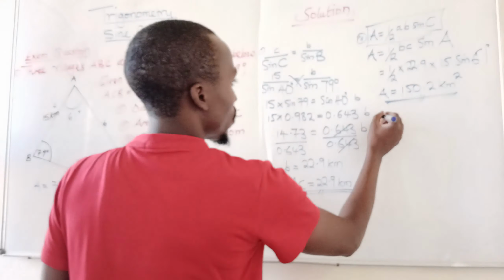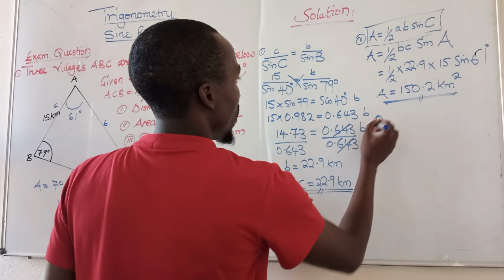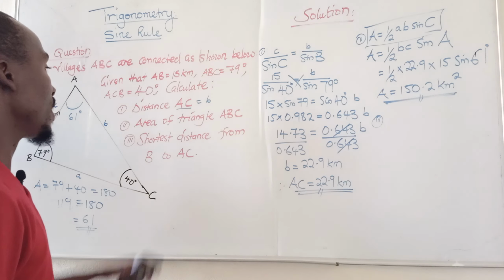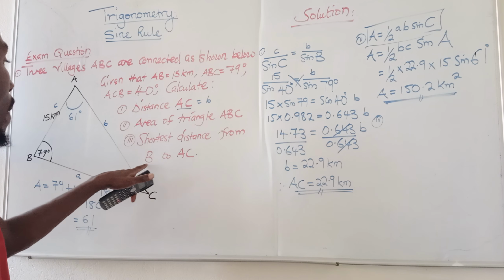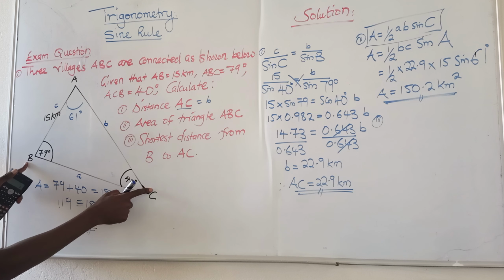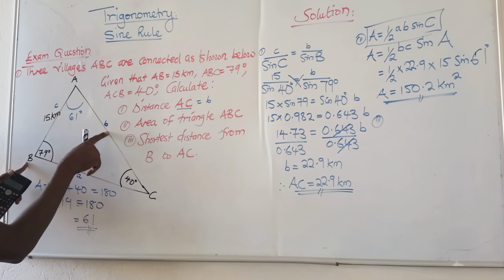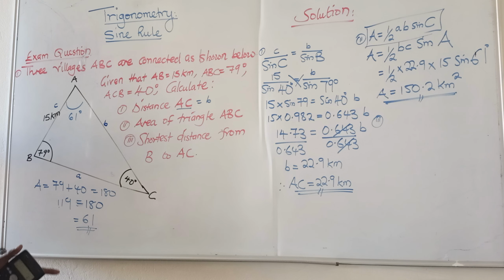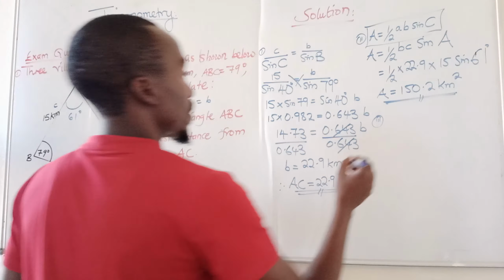Let's go to question number 3, which says find the shortest distance from B to AC. This is our AC. So from here to here, what is the shortest distance? So how do you find the shortest distance? The formula that we use is like this.